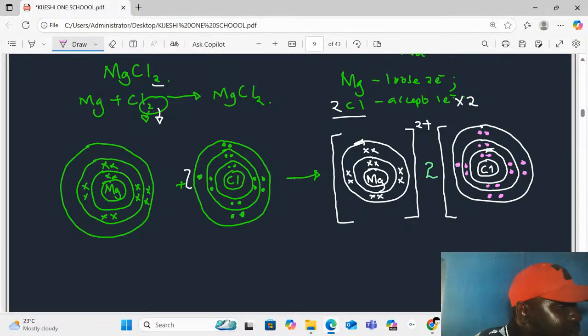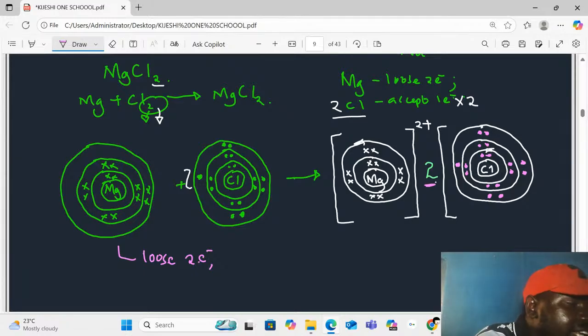I want us to look at this one carefully. This one loses 2 electrons. Chlorine can only accept 1, meaning that if we are having 2 chlorides here, then each will receive 1, 1.